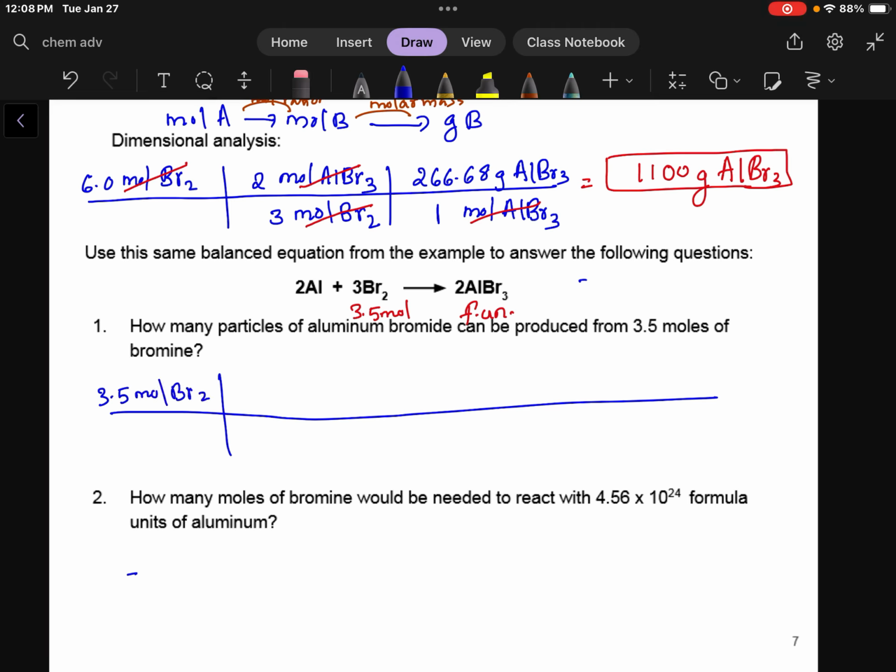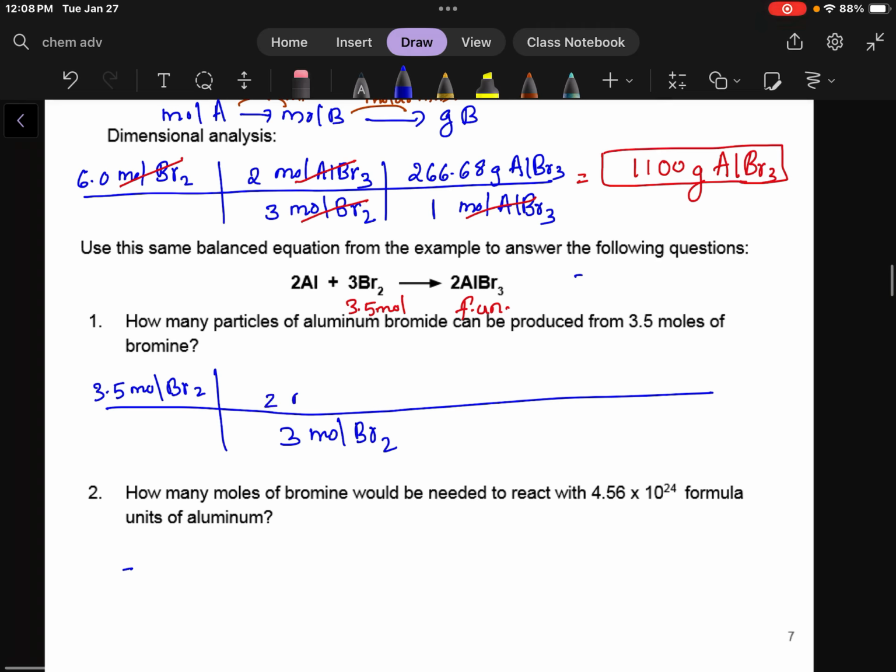Then copy the moles of bromine down and look at the equation. There are 3 moles of bromine, and you are going to find aluminum bromide, which is 2 moles. And last, copy it again, and it is always 1. 1 mole of aluminum bromide is 6.02 times 10 to the power of 23 formula units of aluminum bromide.